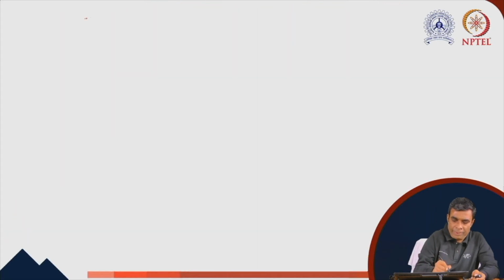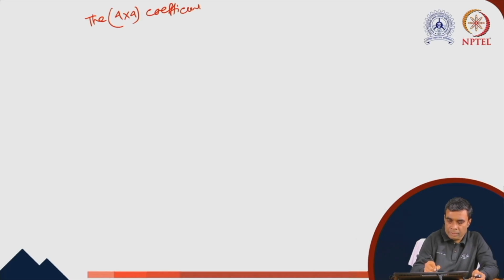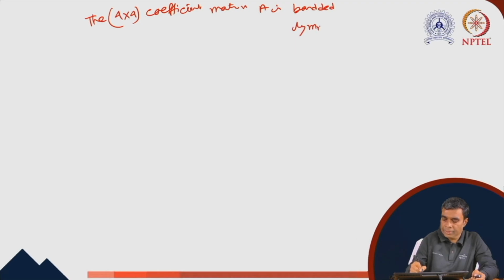So the matrix A, the 4 by 4 coefficient matrix A is banded, symmetric, positive definite, sparse and diagonal dominant.